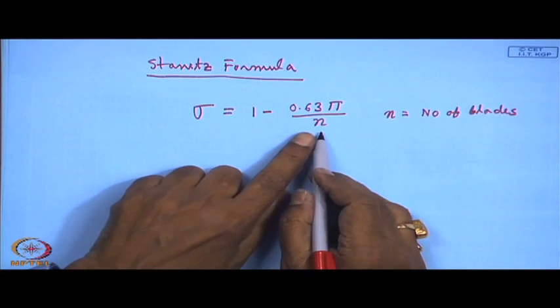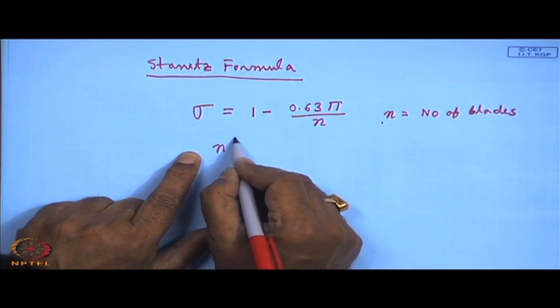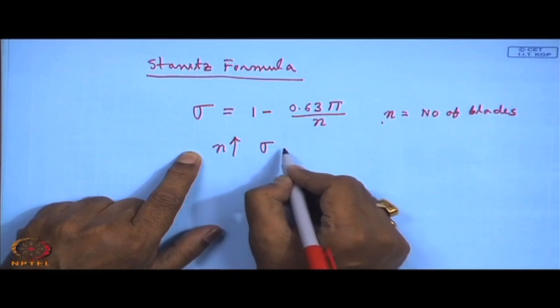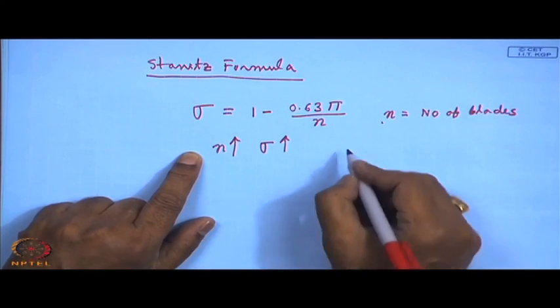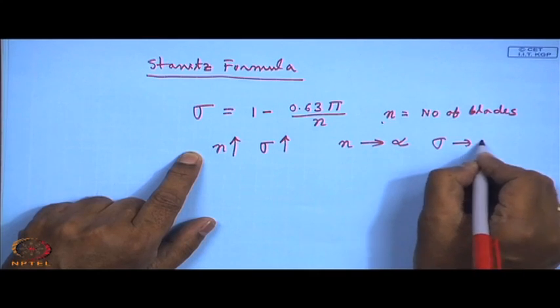You see that if the number of blades increases, sigma increases, and the maximum value is 1. When the number of blades tends to infinity, sigma tends to 1, and there is no slip.